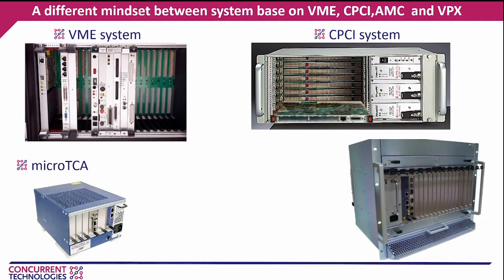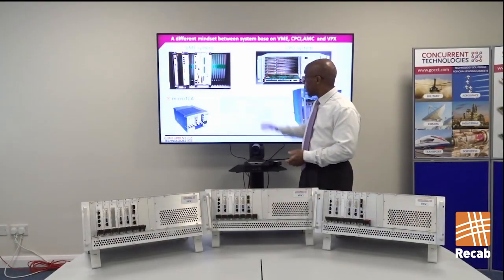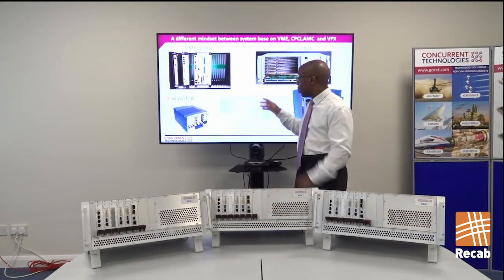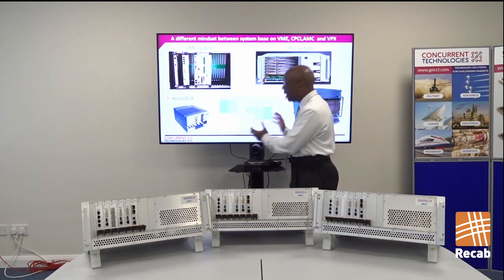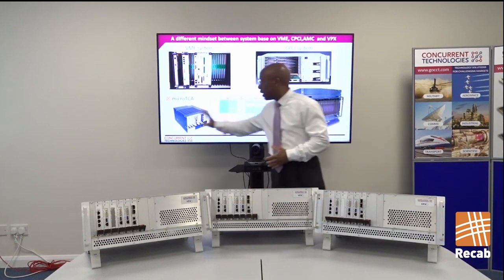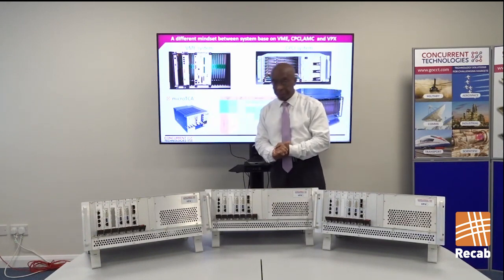Micro TCA.4 for the physics community adds an RTM, a rear transition module, micro RTM, so you can also have I/O at the rear, whereas with micro TCA pretty much all the I/O were at the front. But like I said, the I/O were all predefined, which makes it a limitation, but means that it's very easy to use.